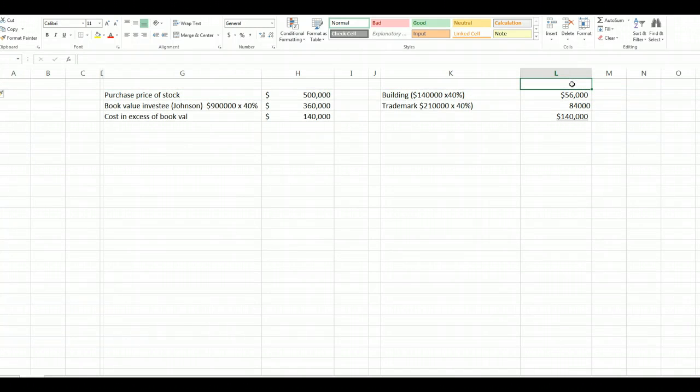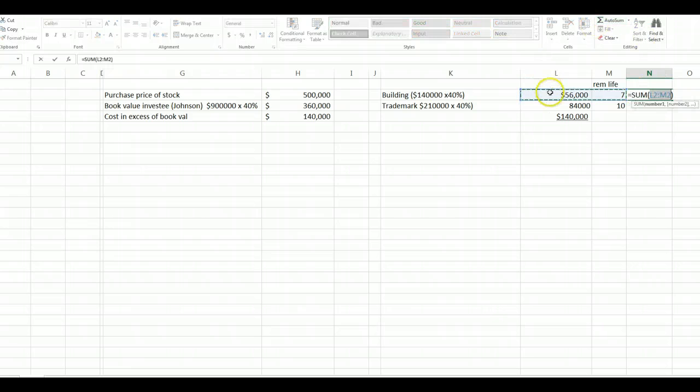What is the trademark's remaining amortization? 10. So if we take the building, our share, 56,000 divided by 7, that's 8,000 a year. And the trademark will be amortized over 10 years, which comes to $8,400 a year, right?